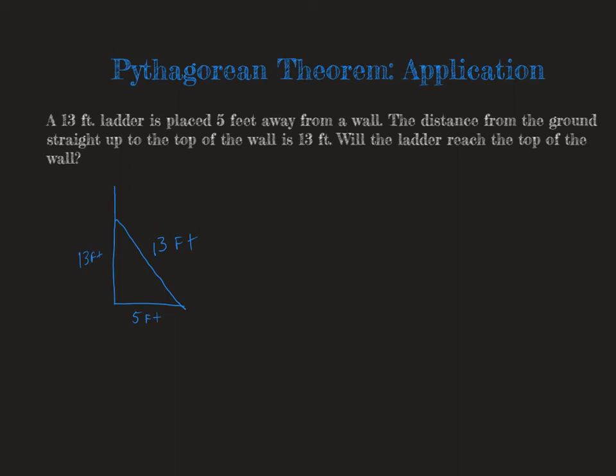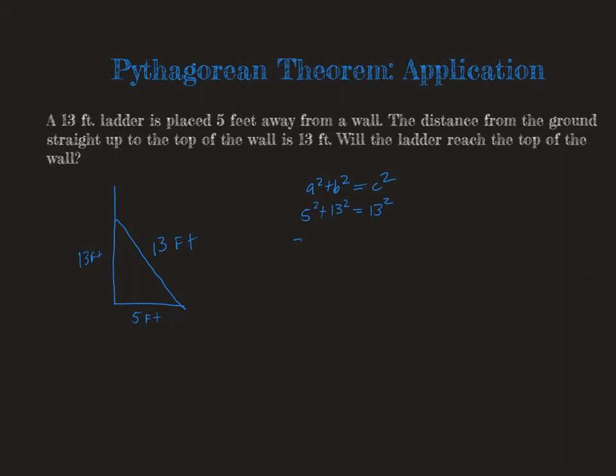Okay, so to find this problem, you need to do a squared plus b squared equal c squared. Now, they're telling you that the wall is 13 feet. So we're going to do 5 squared plus 13 squared equals 13 squared.